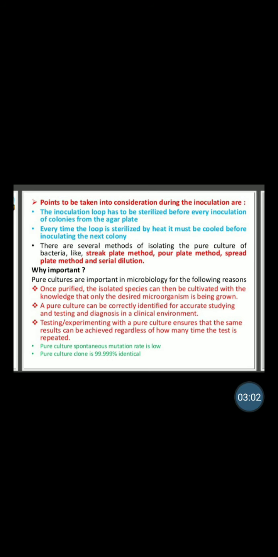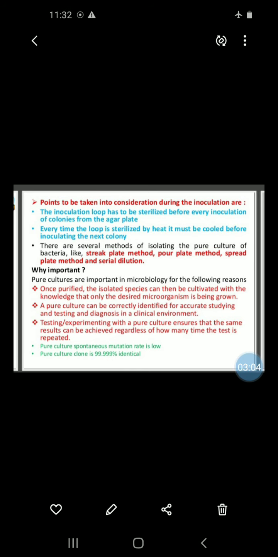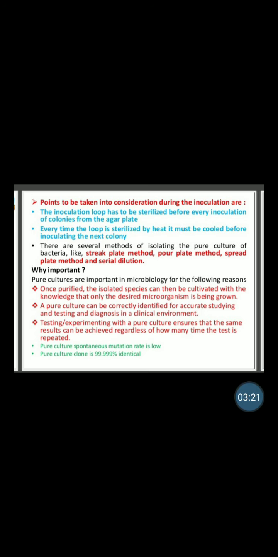There are different points we take into consideration during inoculation. It is important. First, the inoculating loop has to be sterilized before every inoculation of colonies from an agar plate. What is this first point? The inoculation loop has to be sterilized before every inoculation of colonies from the agar plate.